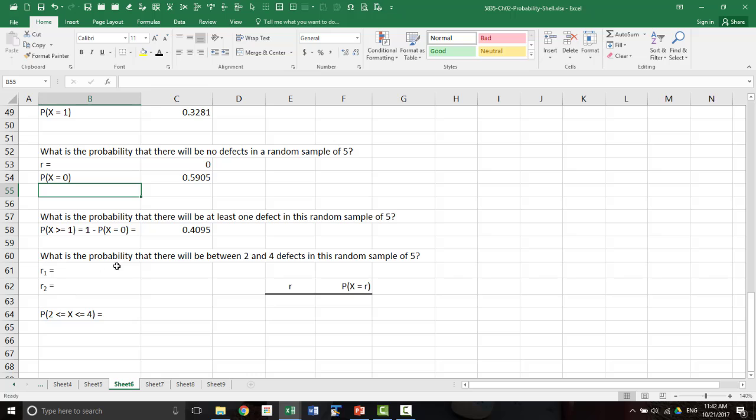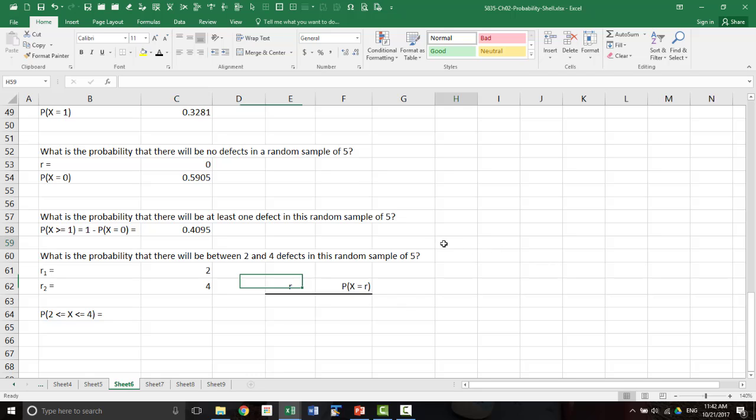Next question: what is the probability that there will be between 2 and 4 defectives? So we have R sub 1 is 2, R sub 2 is 4. So we want between 2 and 4.